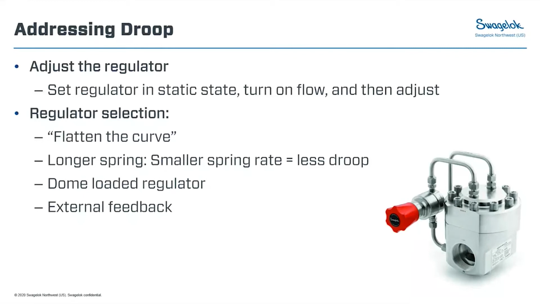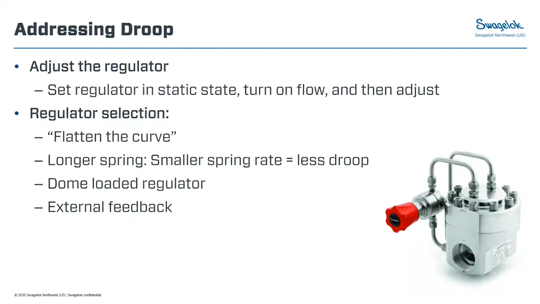The other option we can consider is a dome-loaded regulator. For those of you watching the slides, we do have a dome-loaded regulator pictured here. What that is doing is applying a pressure to the dome of the regulator rather than a spring. Since there's no spring stretching, you're reducing the droop that you're going to see.